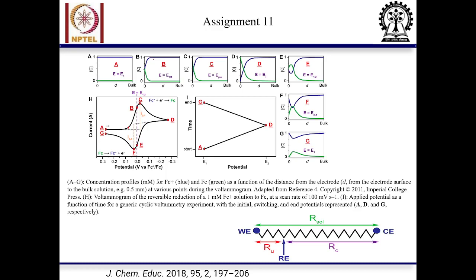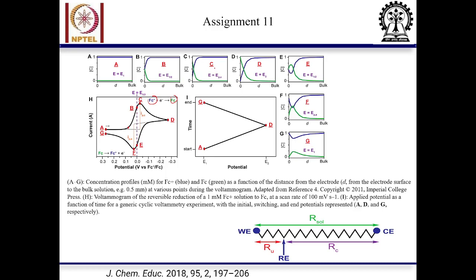So what happens to the concentration? At the point B, which is here, both the concentrations are equal, which is called E half, where the concentration of oxidized species and reduced species are equal. So this is called point B. We further increase the potential. What will happen at C?